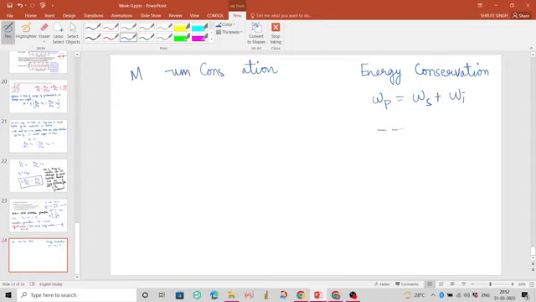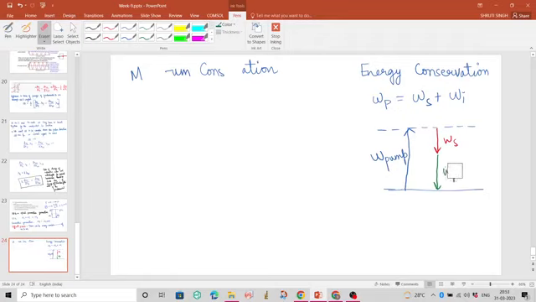Energy conservation can be denoted pictorially like this: we have one omega pump, and it can give omega s and omega I, the idler. Omega s plus omega I.